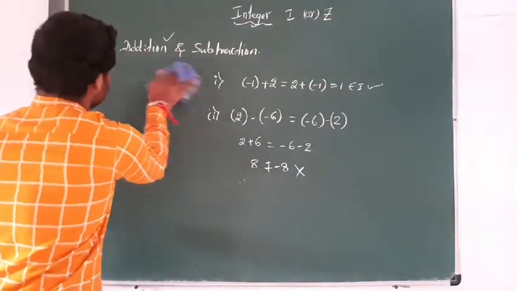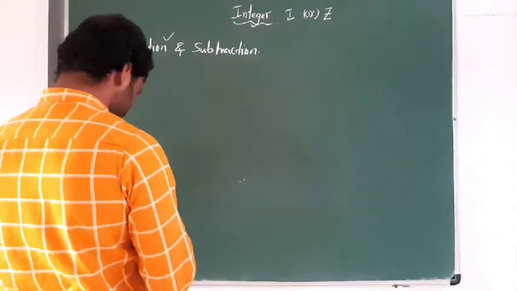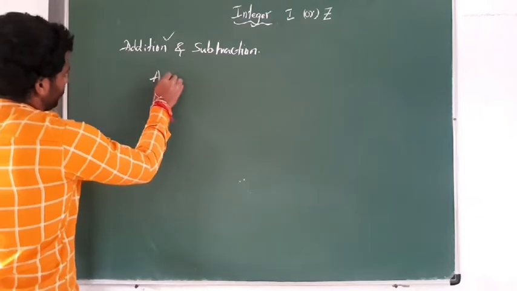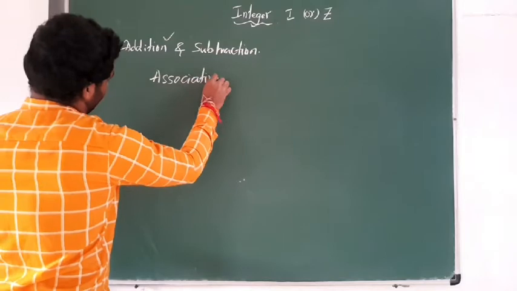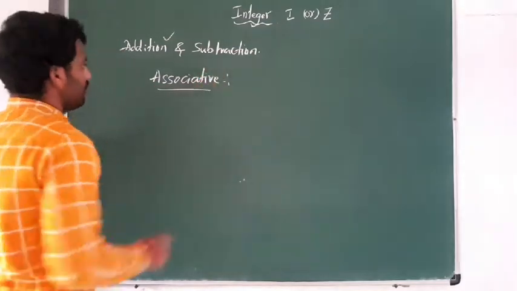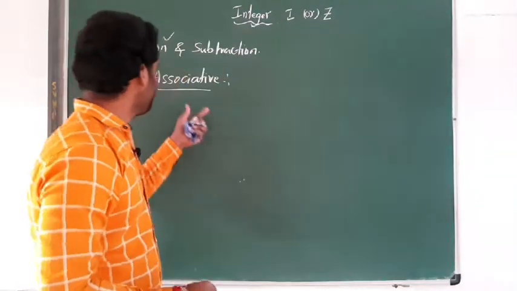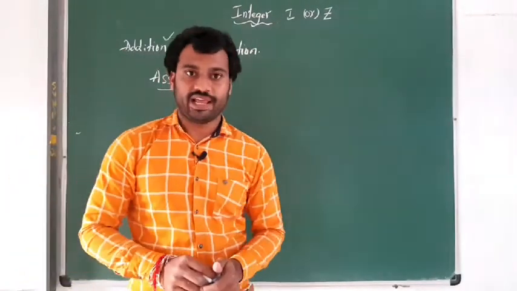Which is the next property? Associative property. Associative property under the addition, associative property under the subtraction.